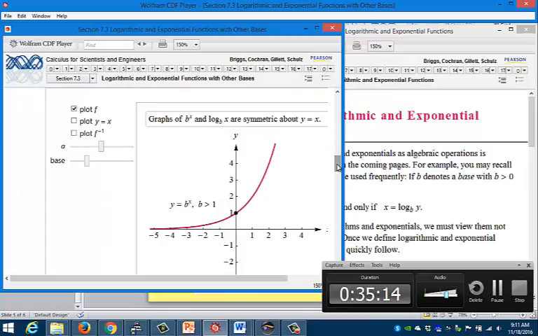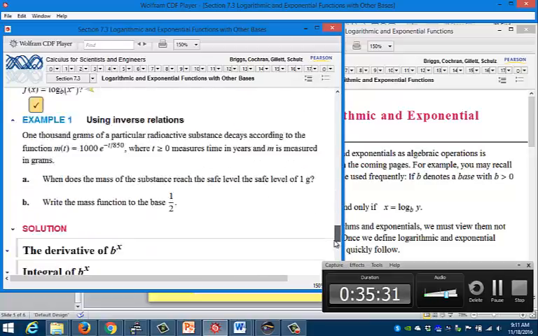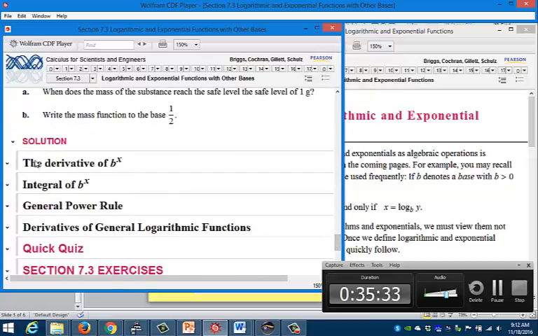Okay. Remember, when you take an inverse, it's symmetric with respect to this line, y equals x. And so this is kind of cool too. I can change the base. Actually, there's a better one below. Let me get it. Here.